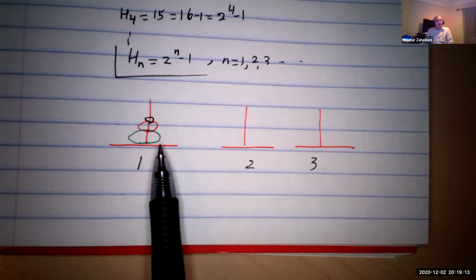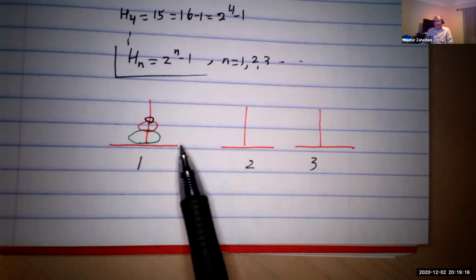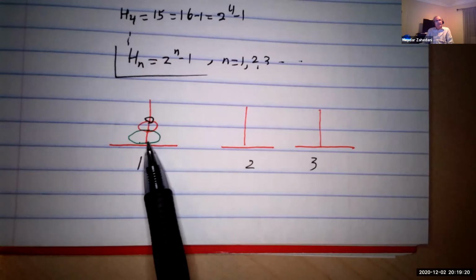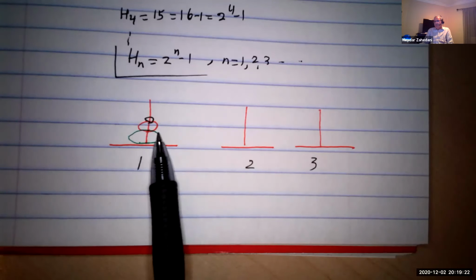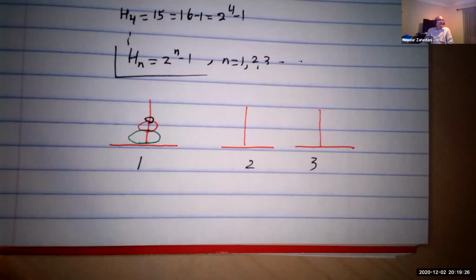So I want to know how many moves I need to transfer these 3 disks from table 1 to table 2.